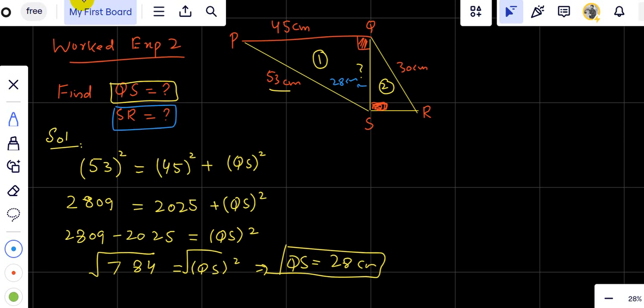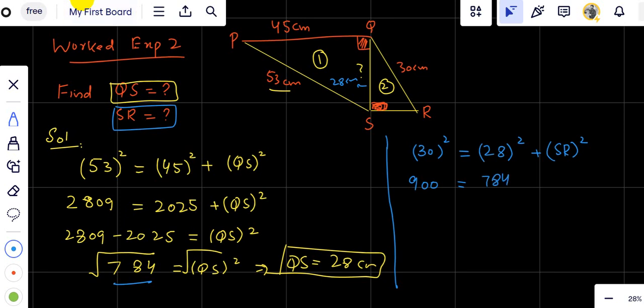Now the second part is, in this part we need to find SR. As we have these two lengths, now I think we can easily find SR. Yeah, perfect. That's great. Excellent. 30 square is 900 and 28 square is, we know, 784, plus SR square.